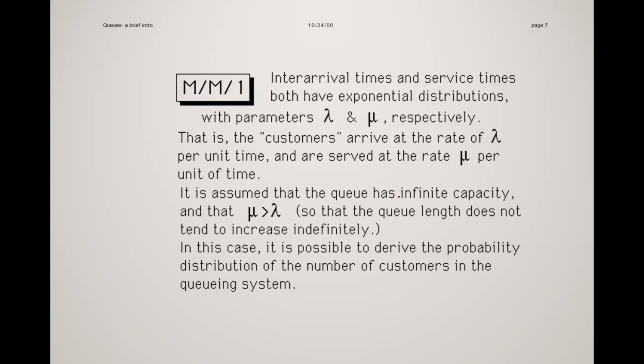So the length of our queue is not that long. In this case, it is possible to derive the probability distribution of the number of customers in the queuing system. Specifically, you want to derive the steady state distribution.